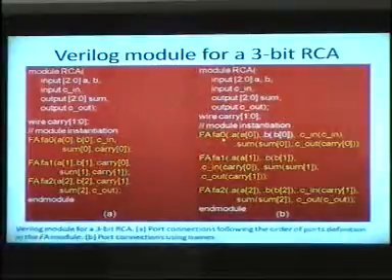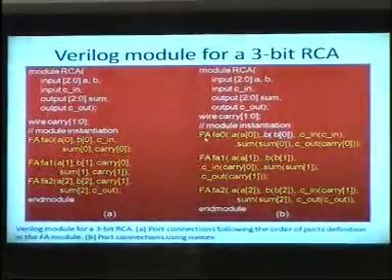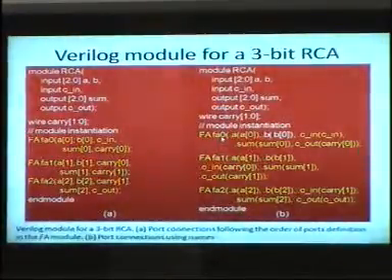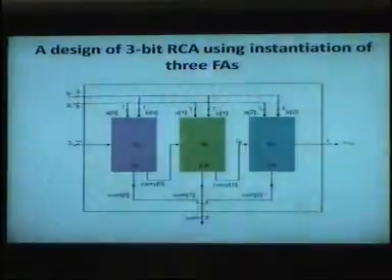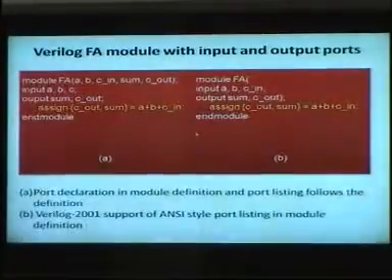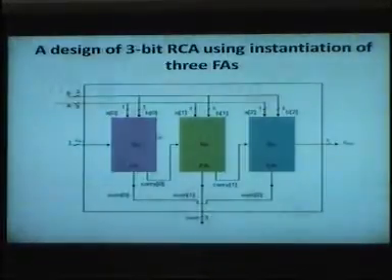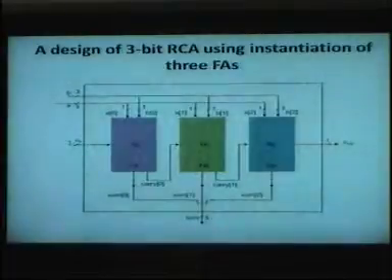So full adder is one instance. So you write the module name and the instance name. And this is one way, because remember that your actual module has ports A, B, C in, sum and C out. But now because you have 3 instances, definitely all these 3 instances are going to have different input names.